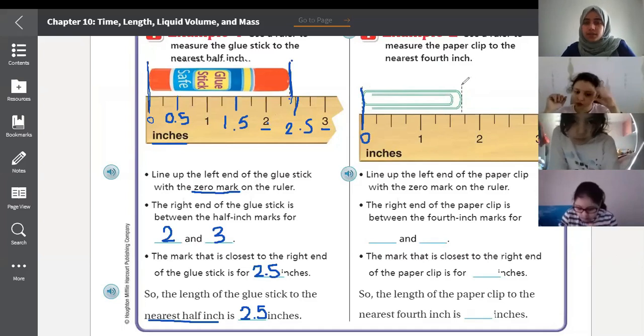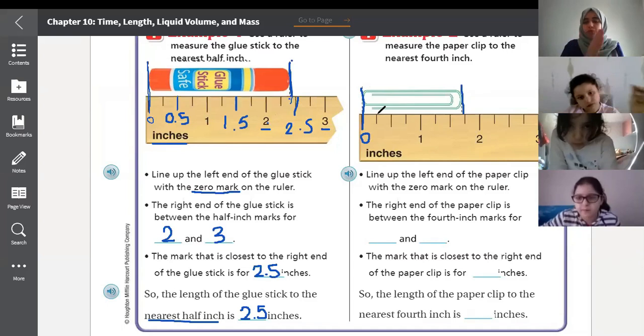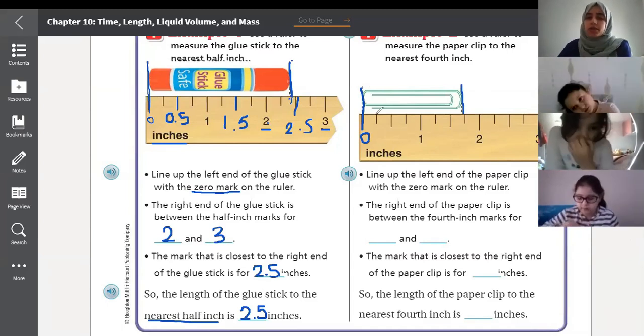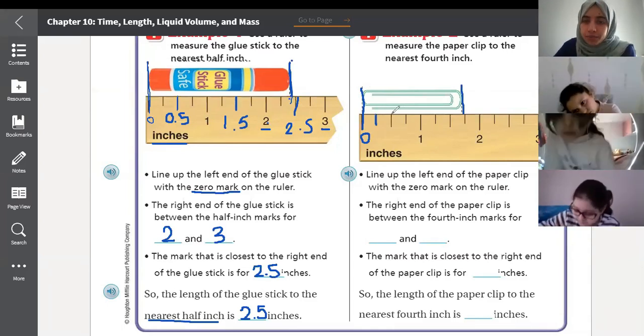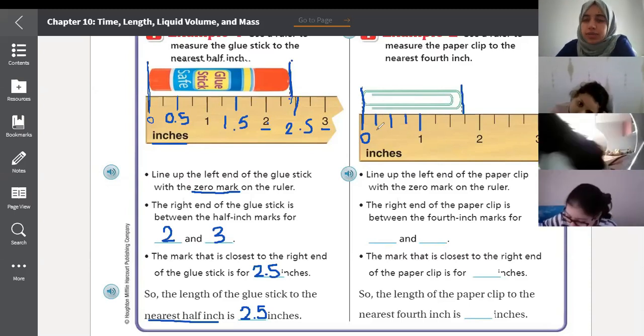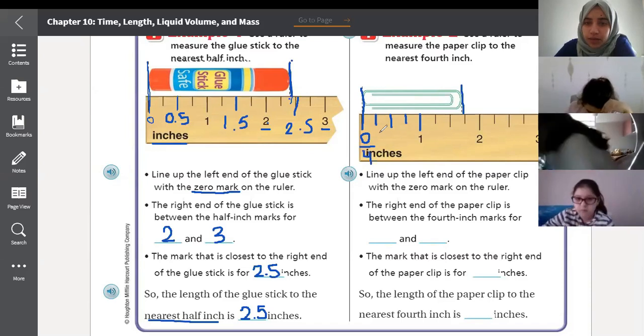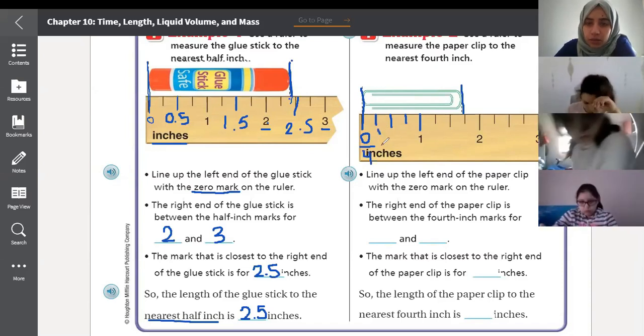And here it's closer to a fourth. Why am I saying fourth? Because from 0 to 1, I have 4 parts. I have 1, 2, 3, and 4. So, for example, 0 over 4, and here it's 1 over 4.